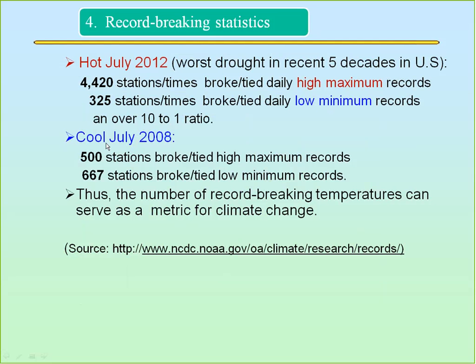On the other hand, for the relatively cold July 2008, 500 stations broke their maximum records, and 600 broke their minimum records. Therefore, how many low-breaking and high-breaking records there are is a good measure of climate change. So I study the record-breaking temperature statistics to see how the model captures those things.